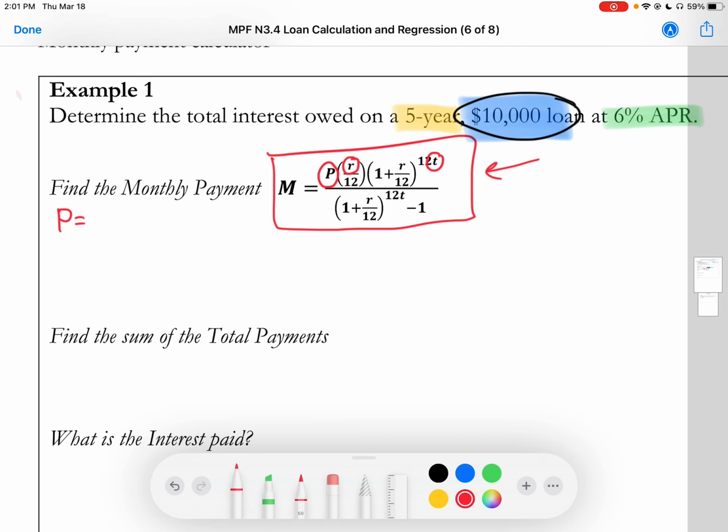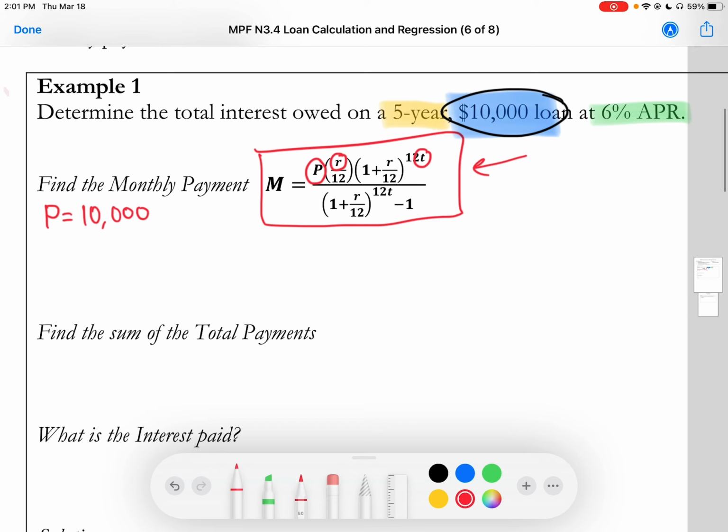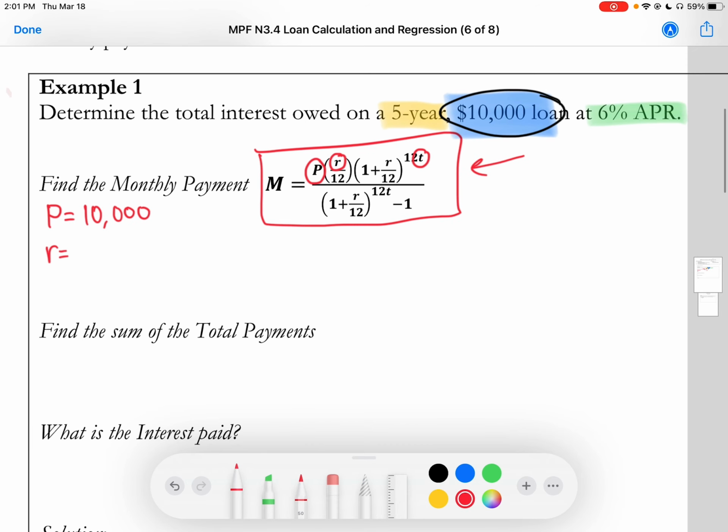And R, that's our rate, right here, 6%. Remember, we write that as a decimal, 0.06. And then T is time, and this is a 5-year loan.